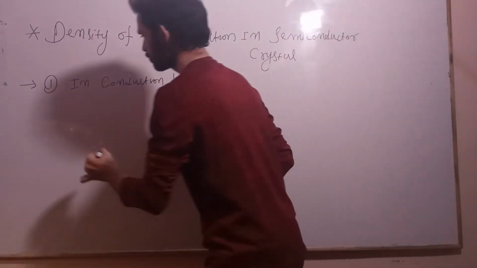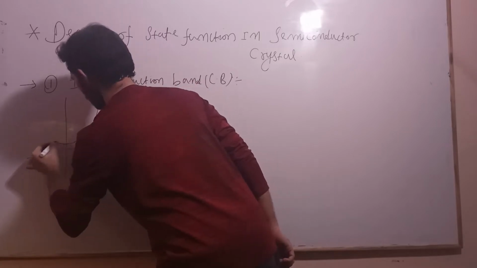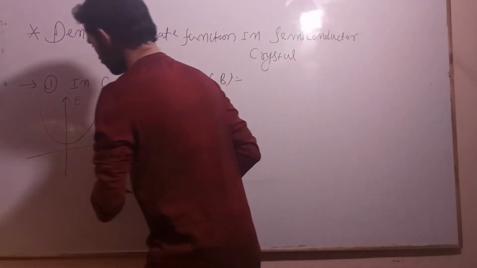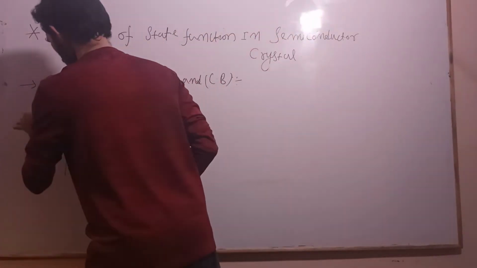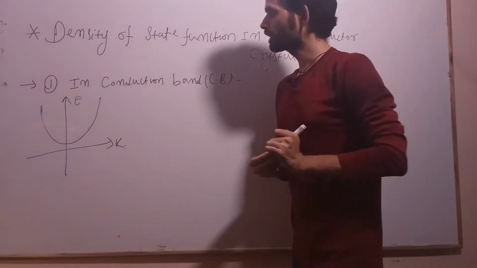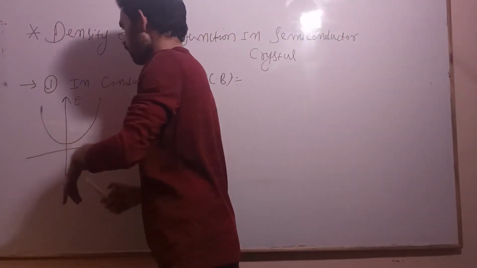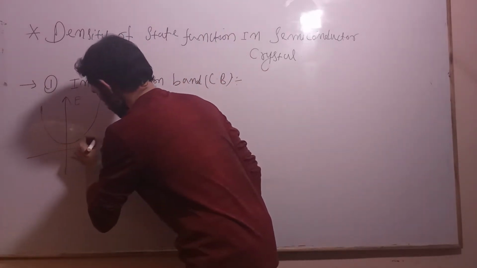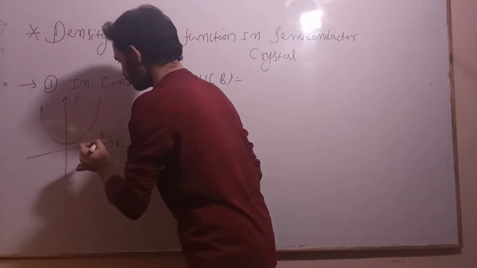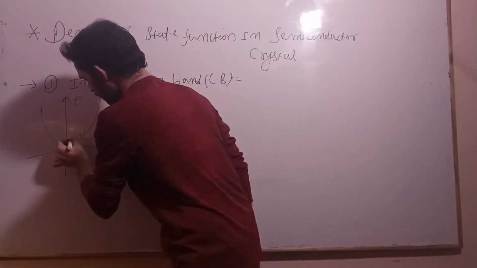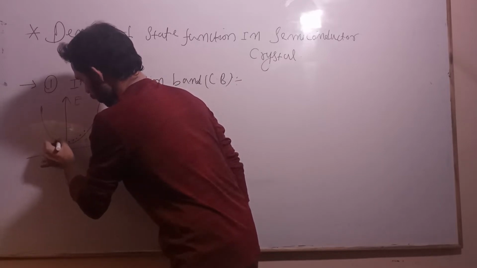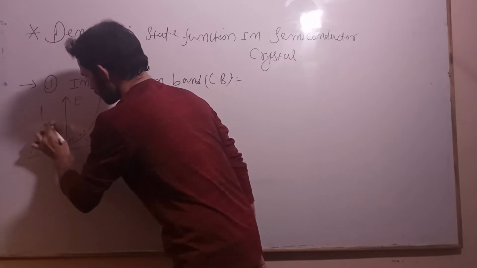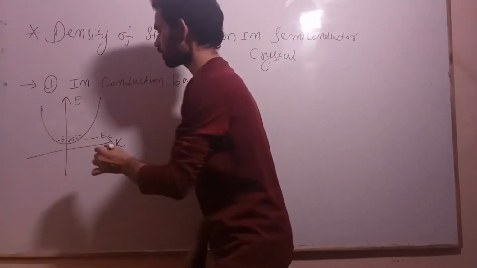As we know very well, this is the energy versus momentum curve for the conduction band. The electron in the conduction band is tending to settle down near the bottom of the conduction band.